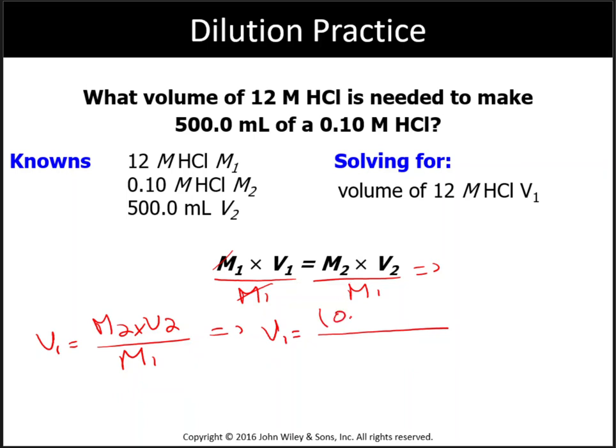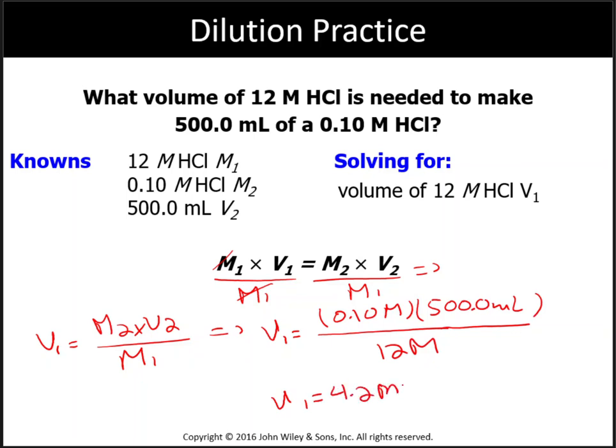M2 is 0.1 molar, V2 is 500 milliliters, divided by M1, which is 12 molar. Now keep in mind that when you plug in your values into this equation, the units on both sides have to be the same. So if your volume on one side is milliliters, on the other side of the equation it has to be milliliters too.